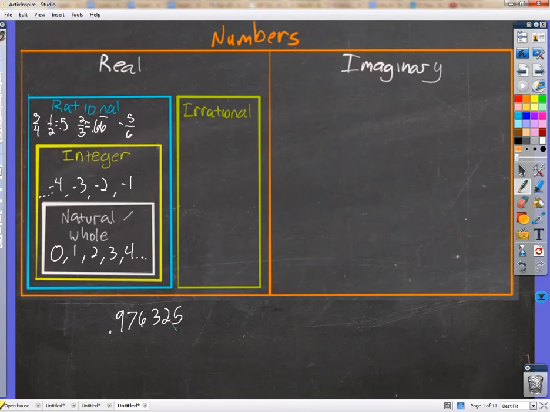So how would we do that? How would we write that as a fraction? How would you read that number?